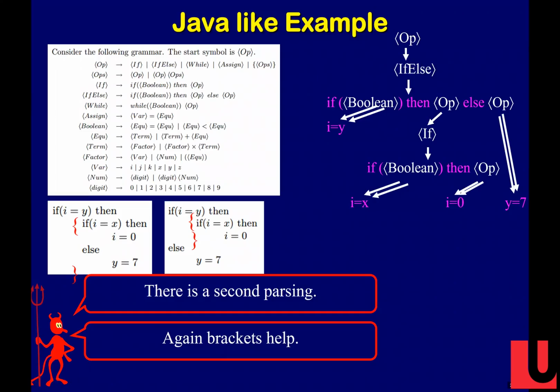Which parsing are we expected to do? Right now I'm giving you a discussion about the issues. Ambiguity is an issue, and I'm giving you little pieces of grammar to see how it works.